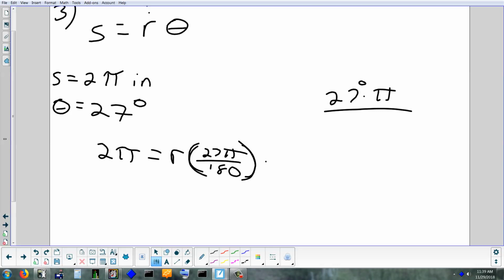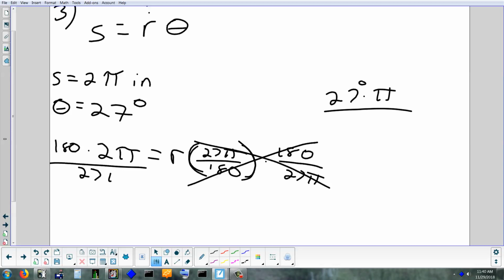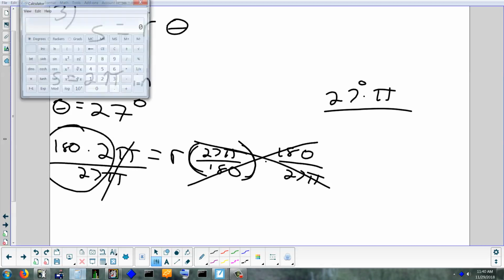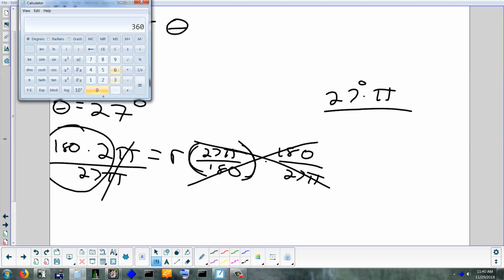So you multiply by 180 over 27 pi. Cancels that, cancels that. So now my pi's cancel, and I just have to do that out. 360 divided by 27 is about 13 1/3 inches for my radius. So 13.3.